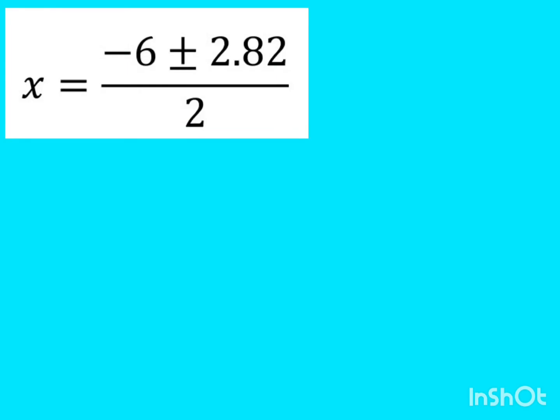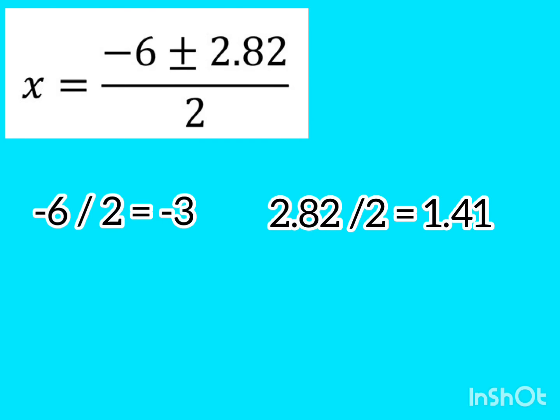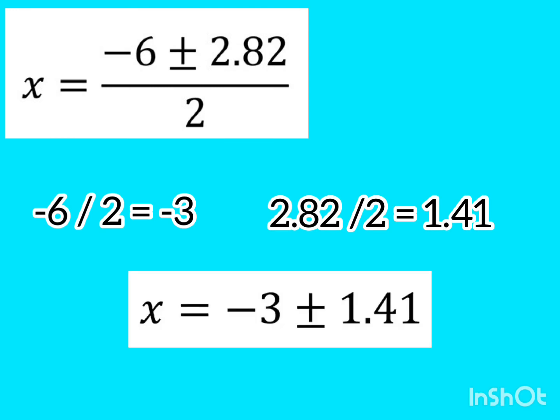The next step is to divide minus 6 and 2.82 by 2. So minus 6 divided by 2 is going to be minus 3, and 2.82 divided by 2 is going to be 1.41. So in this part we need to be very concentrated, because here we have minus 3 plus minus 1.41, and we need to do those two operations.